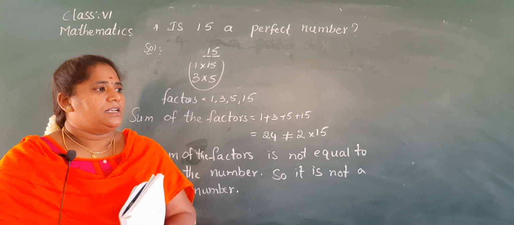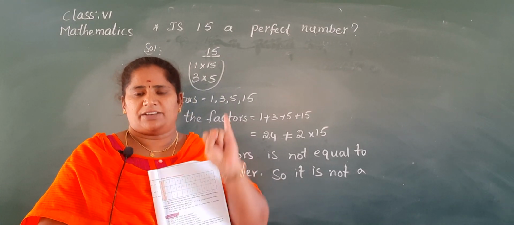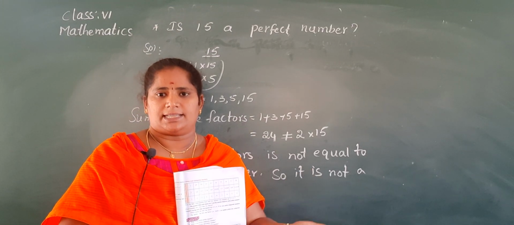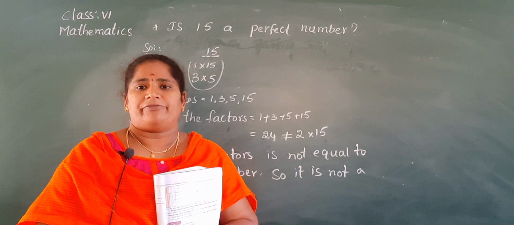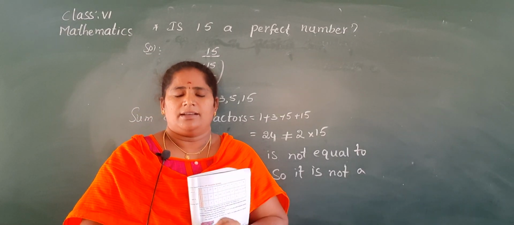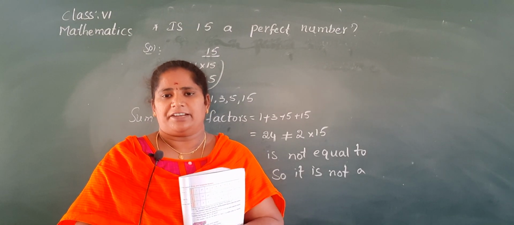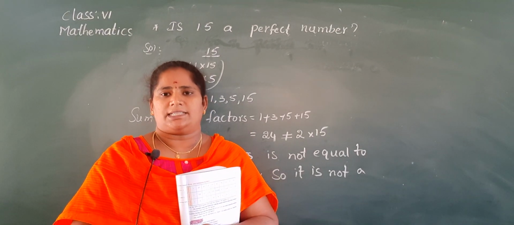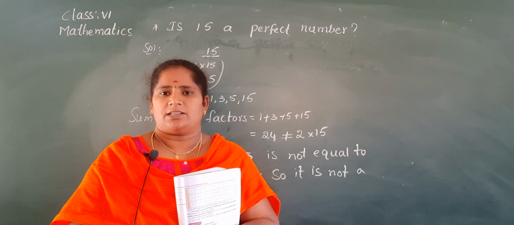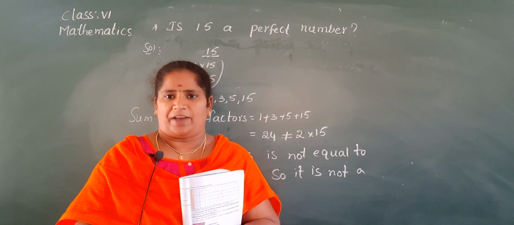See children, in today's class what we discussed: what is a factor? Come on, tell me. I will revise all the points we discussed in today's class. A number which divides the given number without leaving a remainder is called a factor of that number, and one is a factor of every number and it is the smallest factor of all. The number itself is also another factor of the given number, so it is the greatest factor.